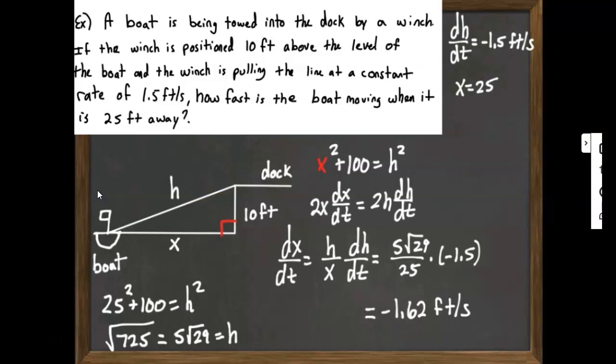It's not going to have enough power, because if you have 1 foot and 10 feet, a large part of that 11 feet of rope is trying to yank the boat off the water, which really isn't going to happen. As x gets very small, dx/dt would actually explode and get really big.